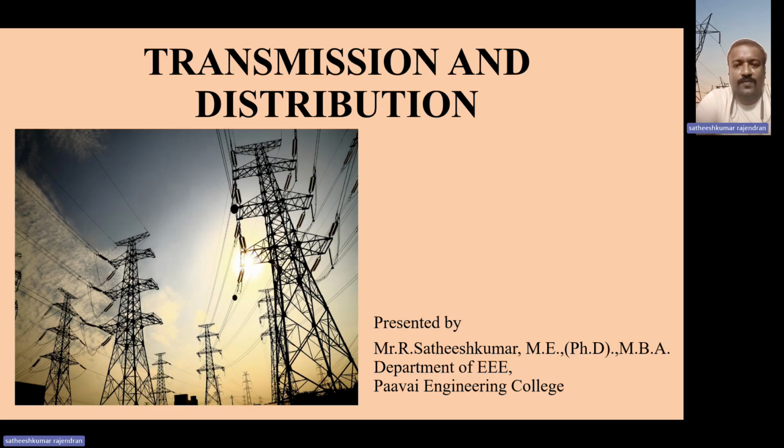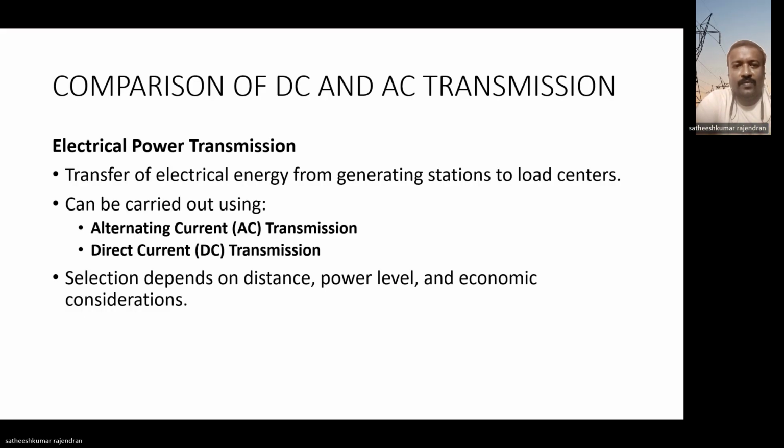So in our first slide, we're going to see the comparison of DC and AC transmission. We already know that electrical power transmission means transferring the electrical energy from generating station to load centers, and then it will reach the consumers. That is discussed in our previous classes.